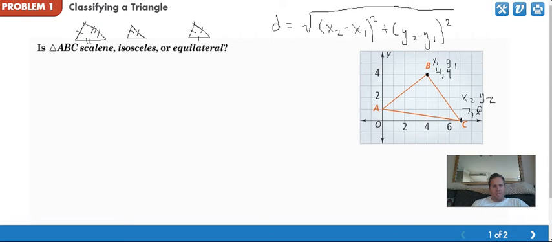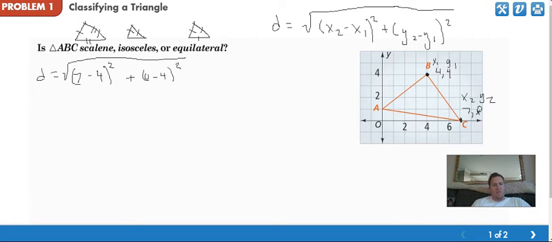So I put that into my formula, and I get d equals the square root of (7 minus 4) squared plus (0 minus 4) squared.